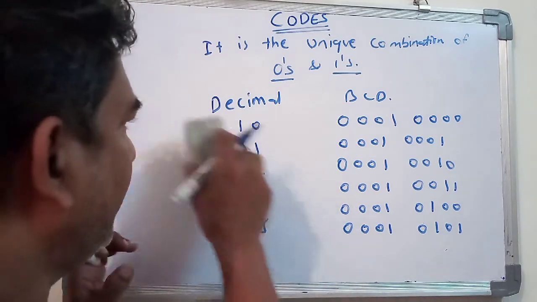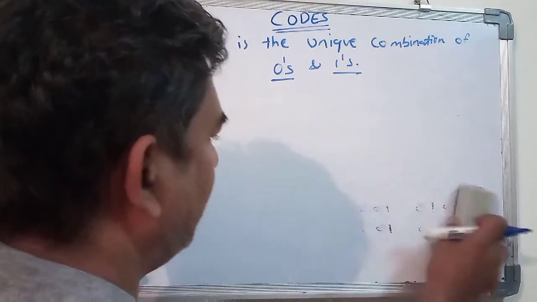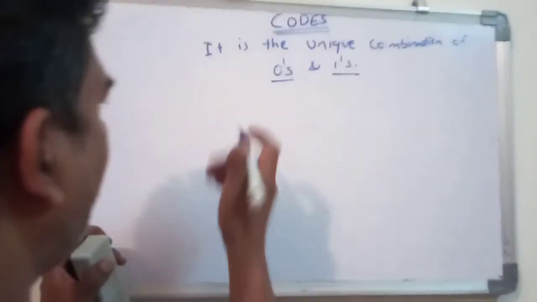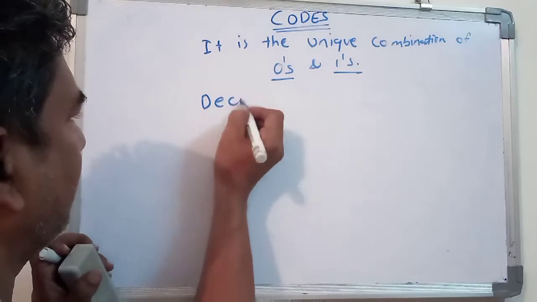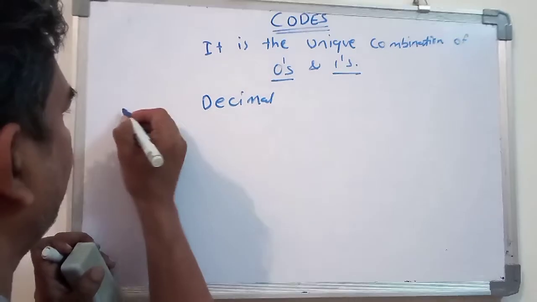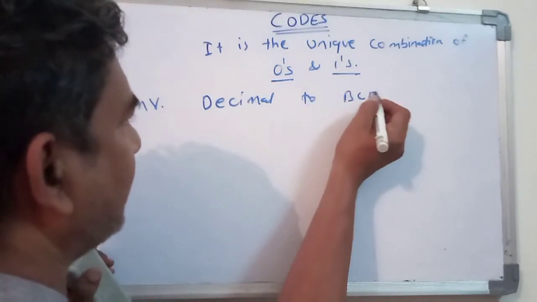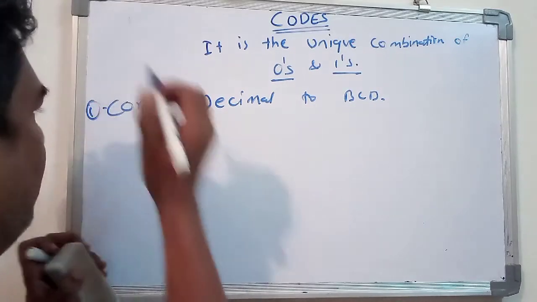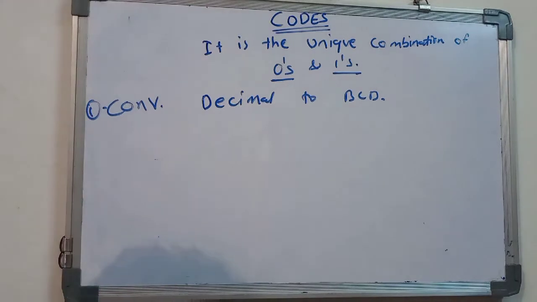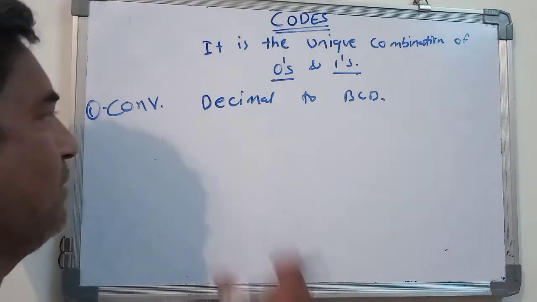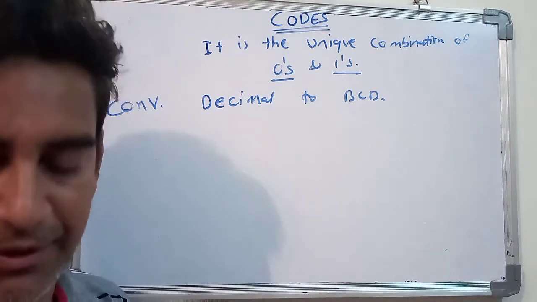Okay, students. Now you have the conversion of a decimal to BCD. The first conversion they have given here is decimal to BCD conversion. A simple number has been given.